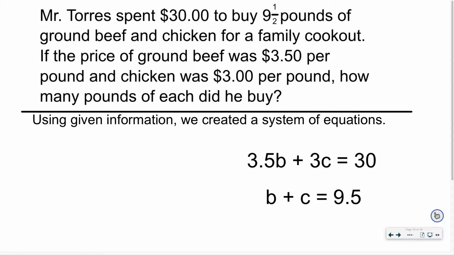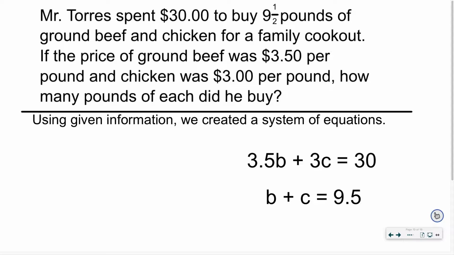You can multiply the bottom equation by -3. If you wanted to eliminate the B, you'd be multiplying by -3.5, which can get a little dicey if you're multiplying -3.5 times 9.5. You'd still get the same answer.